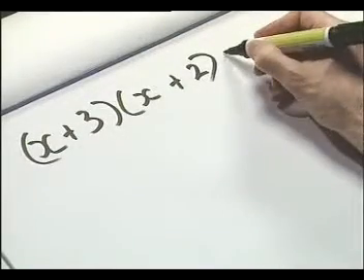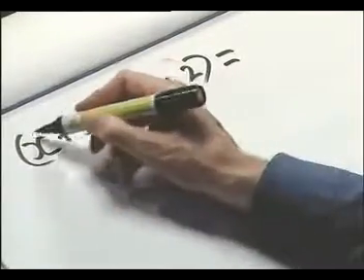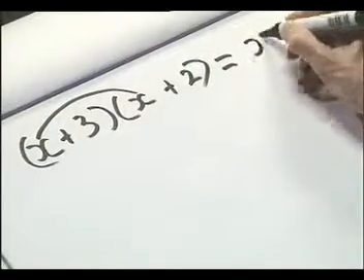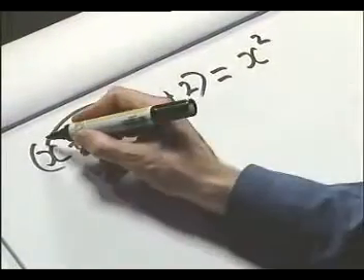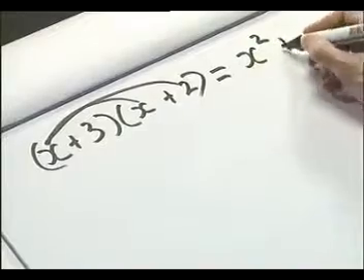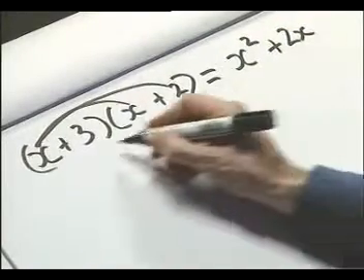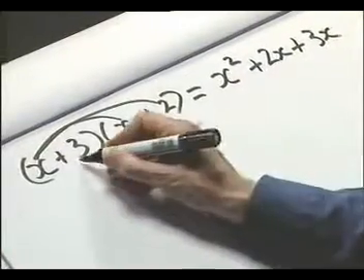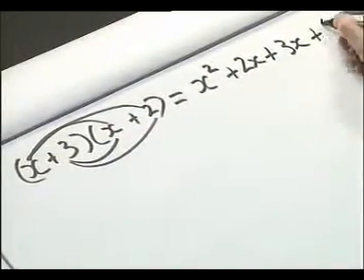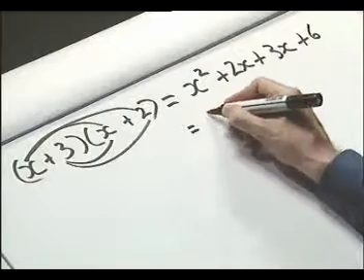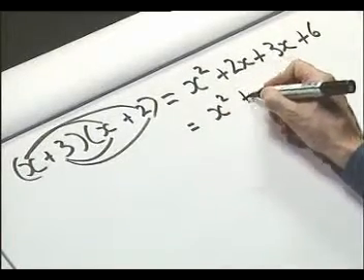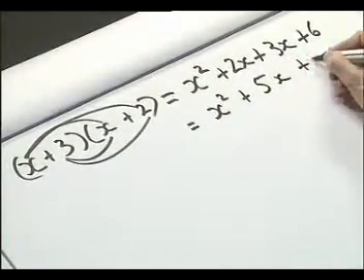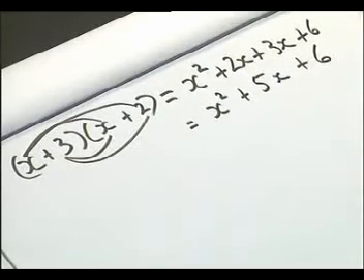And again, we'll multiply out the brackets. X times by x is x squared. X times by 2 is 2x. 3 times by x is 3x. 3 times by 2 is 6. And this simplifies to x squared plus 5x plus 6.